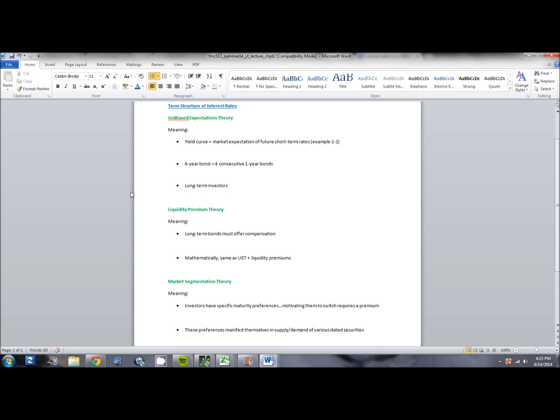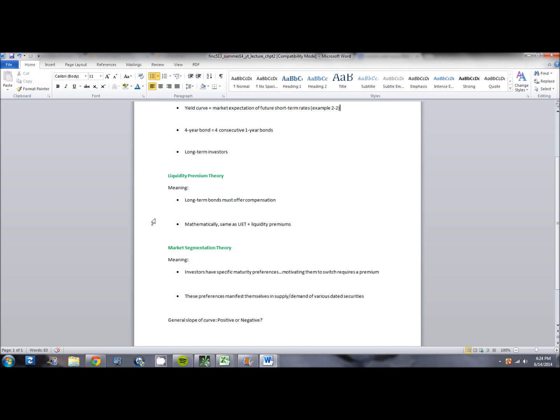And that liquidity premium is going to increase as you go out further in time because a 5-year bond is going to require a greater liquidity premium than a 2-year bond. And a 10-year bond is going to require a greater liquidity premium than a 5-year bond. So this is actually another reason why you should observe in normal circumstances the yield curve being upward sloping.